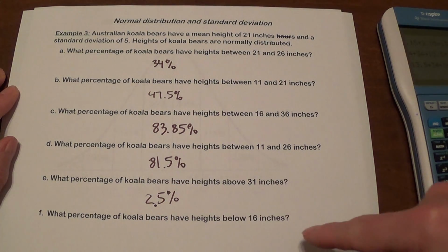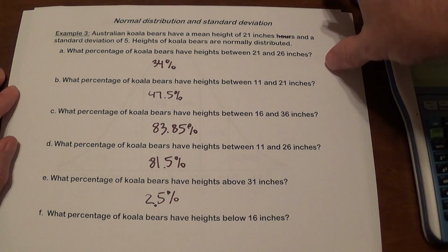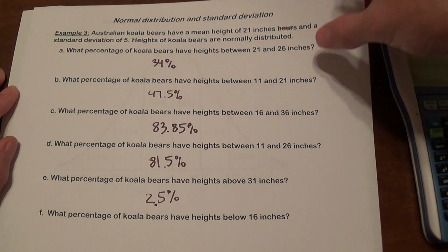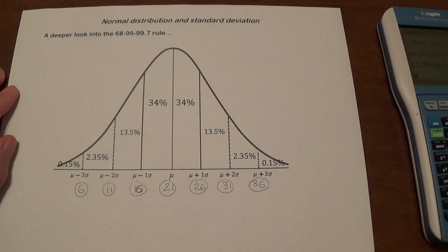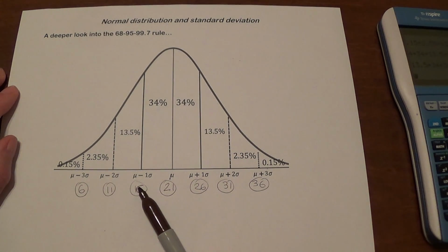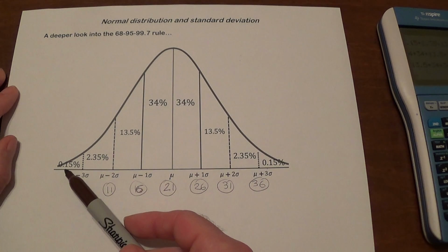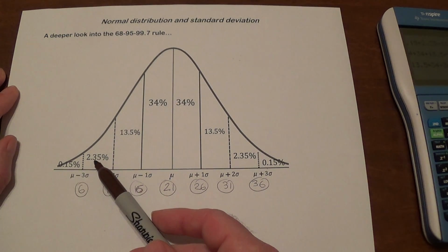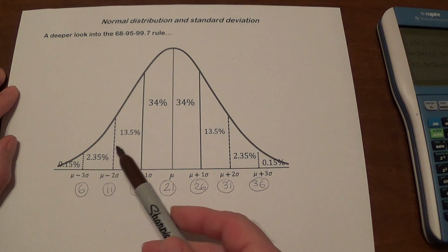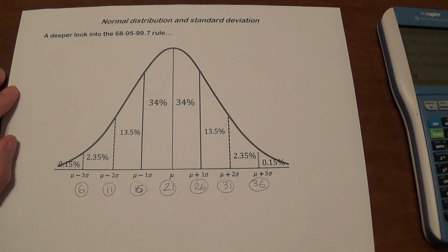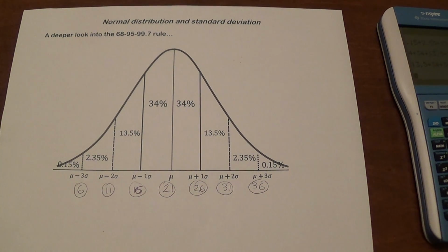And what percentage of koala bears have heights below 16 inches? Below 16 inches. That's right here. So we want this part, right? So 0.15 plus 2.35 plus 13.5. And that's going to give us 16%.